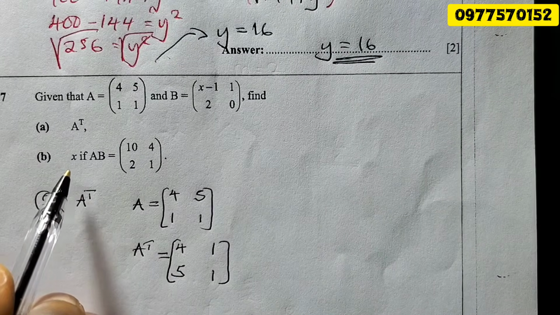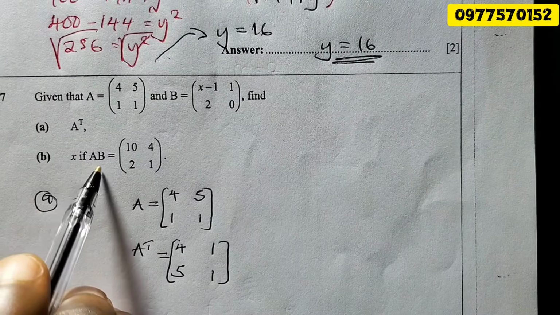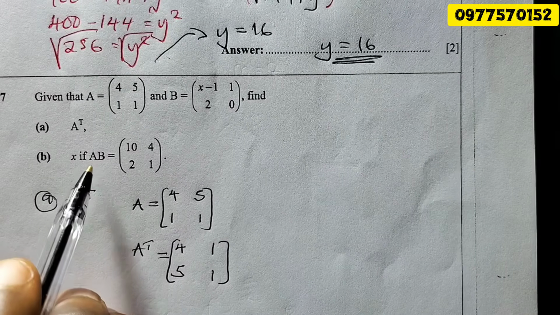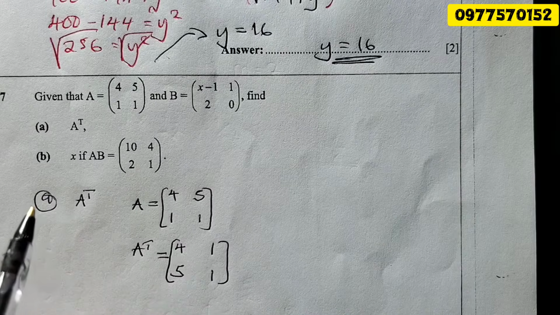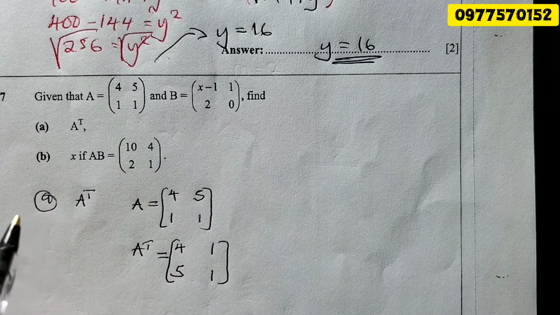Find the value of x if AB, the multiplication of matrix A and B, is 4, 1, 10, 2. This is very simple.